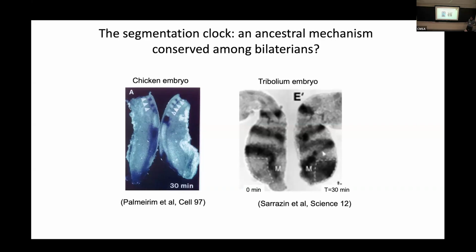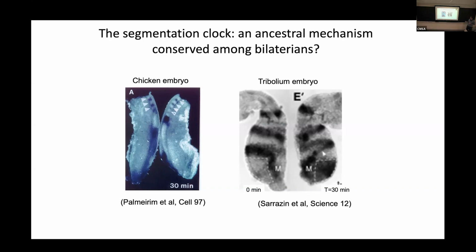And this was shown using tricks like the one we initially used in the chicken embryo, where you split the embryo in two bilaterally symmetrical halves, and you culture the two halves independently. For instance, here you see one half which was fixed immediately. This half was cultured for 30 minutes. And you can see the progression of the oscillation from this pattern to this pattern. And if you do many of these experiments, you can reconstitute the entire oscillations.